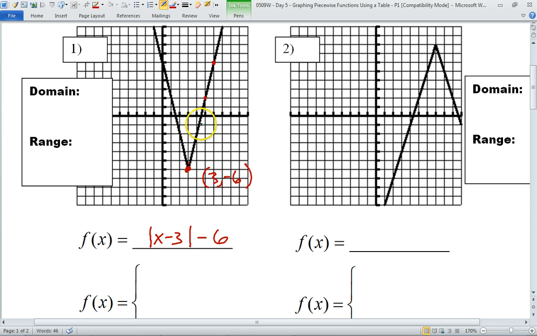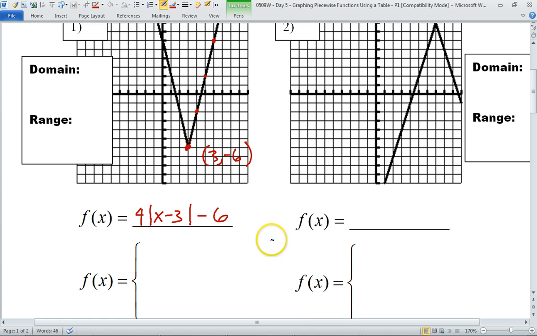It's a little bit hard to see, but look at these dots. Put some dots on your paper to see exactly where it's hitting the line. It seems to be going up 4, right 1, up 4, right 1, up 4, right 1. So I'm going to put a 4 in the front of this because of that, 4/1. So that would be the absolute value function for this graph.